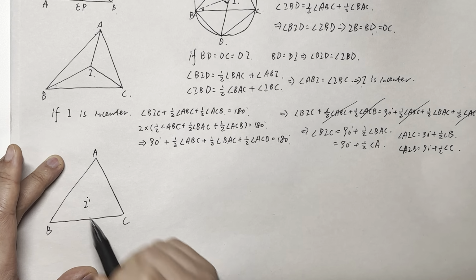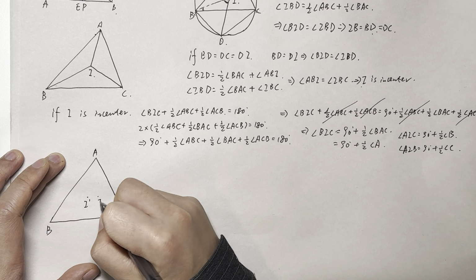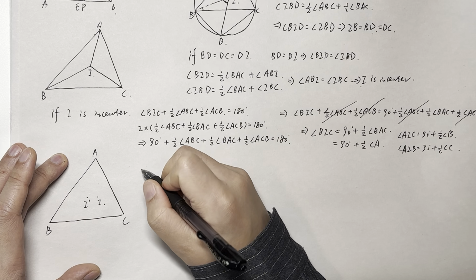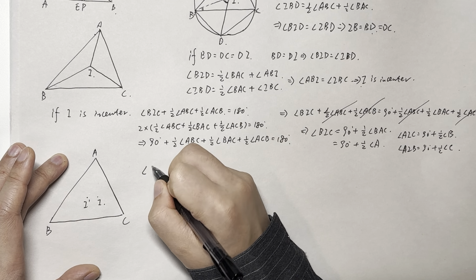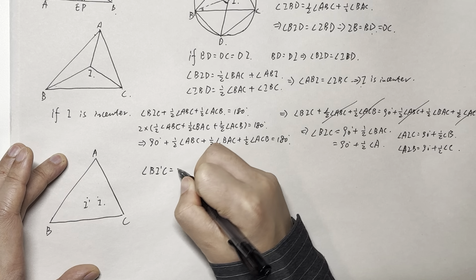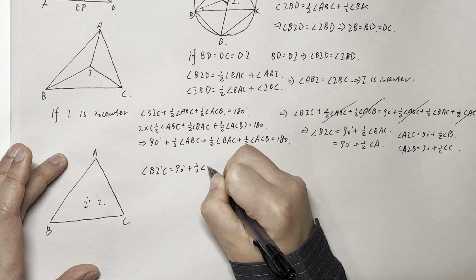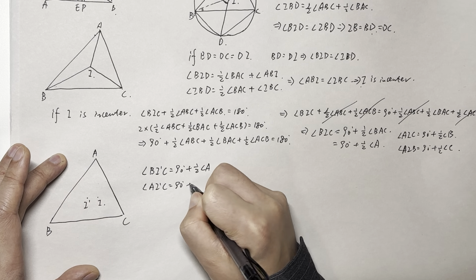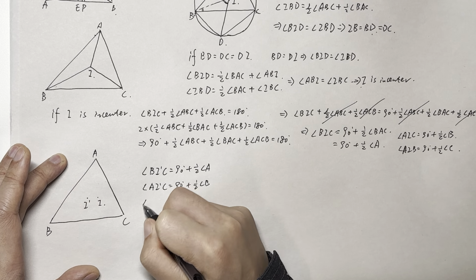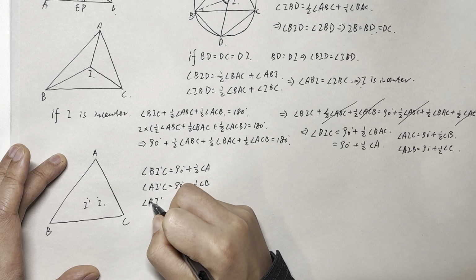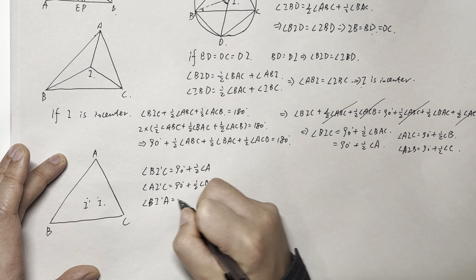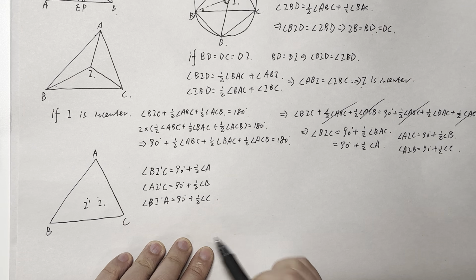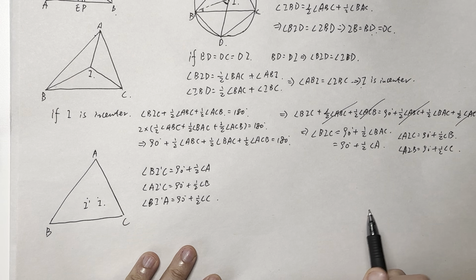Okay, I prime is different from point I. But I prime satisfies the condition that angle BI'C equals 90 degrees plus half of angle A, and angle AI'C equals 90 degrees plus half of angle B, and angle AI'B equals 90 degrees plus half of angle C. Right? How can we prove that I prime is I?